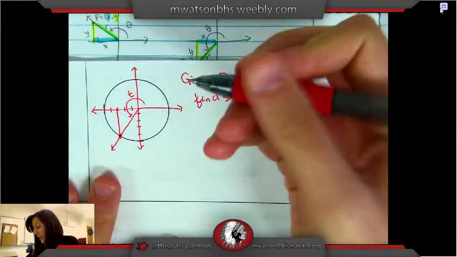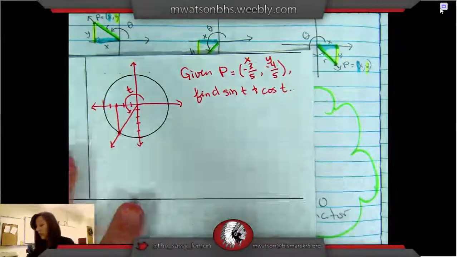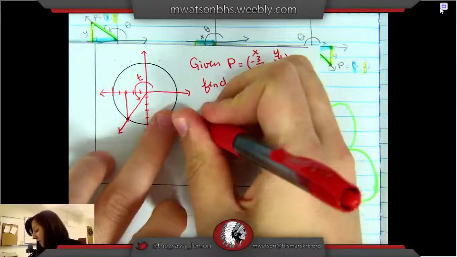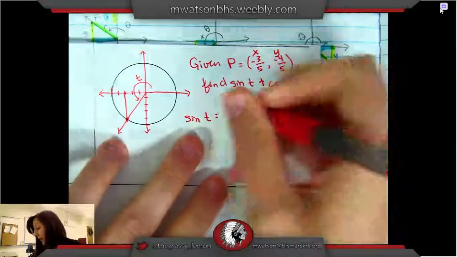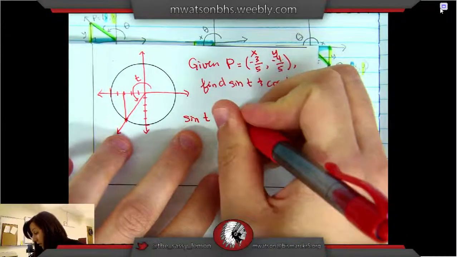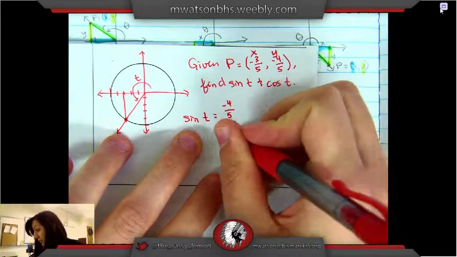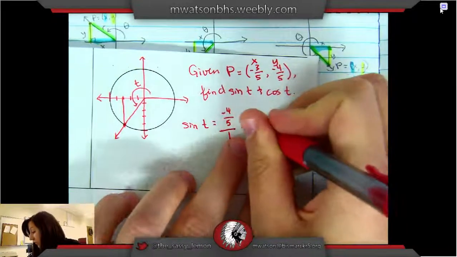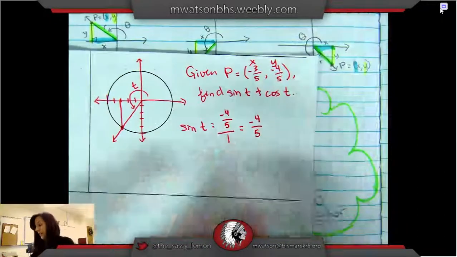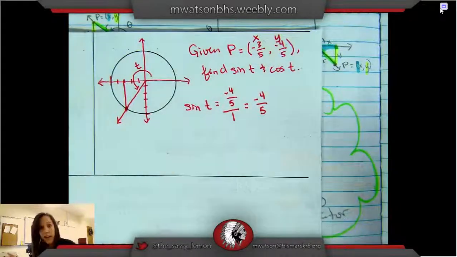All right. I'm not going to write in the values because it's a little cramped. But to find sine of t, I'm just going to say, okay, y over r. Well, when you divide something by 1, it just equals itself. So basically, sine of t equaled y.